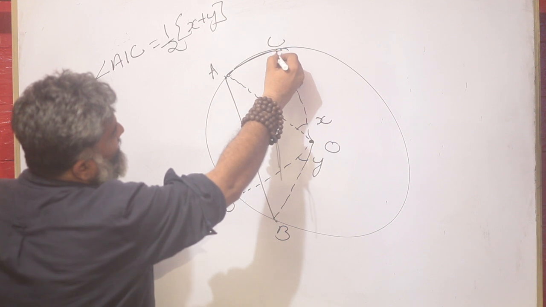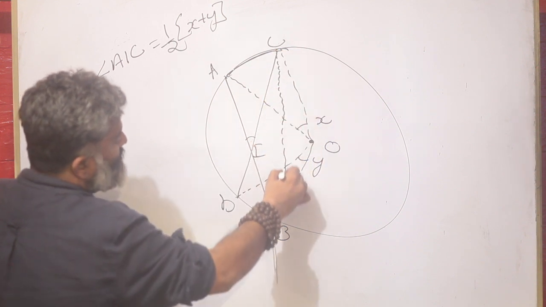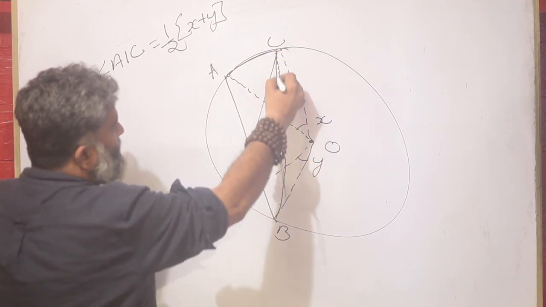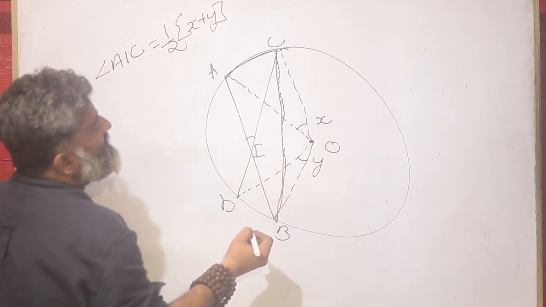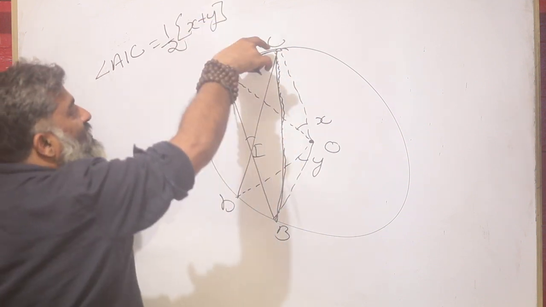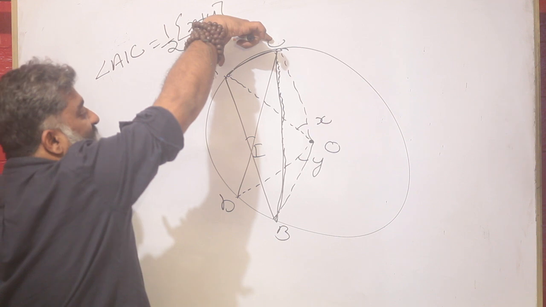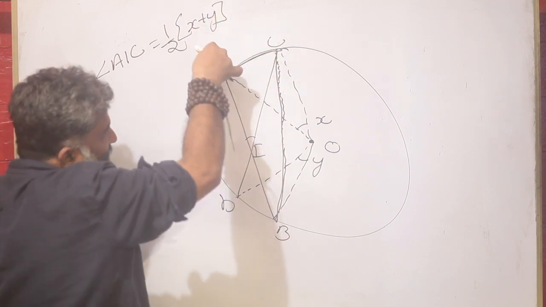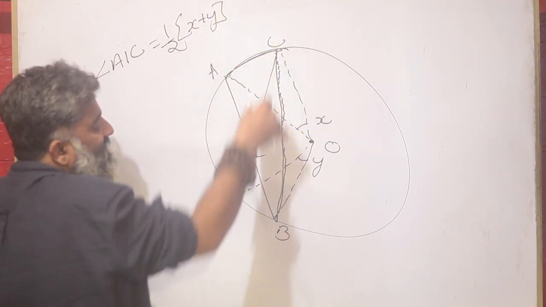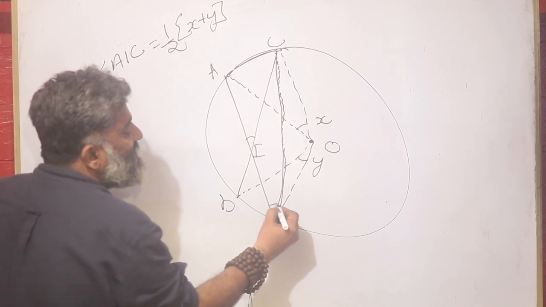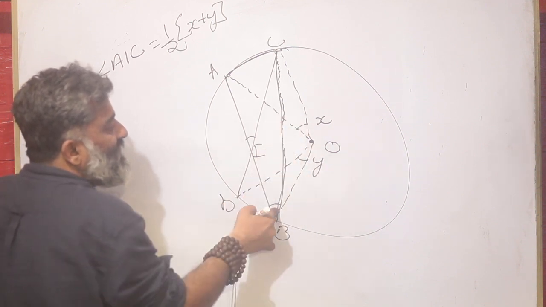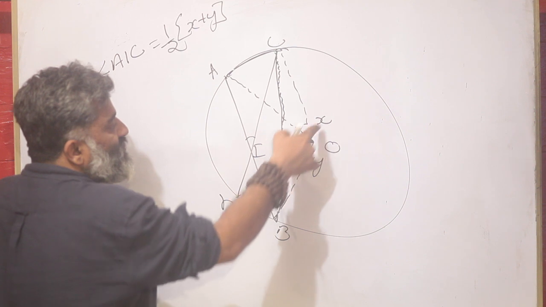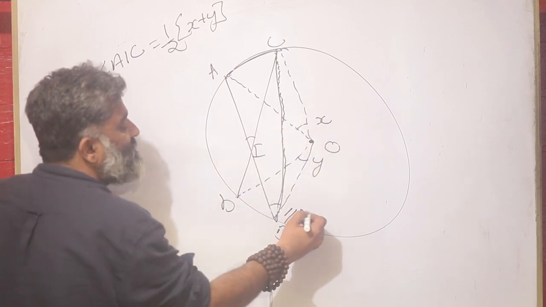So let me connect C to B. Let me make it thicker. C to B. And keep your orientation, look at it from this side. This segment AC now is creating angle ABC at the circumference, and this angle is going to be half of this angle. This angle is going to be half of x.